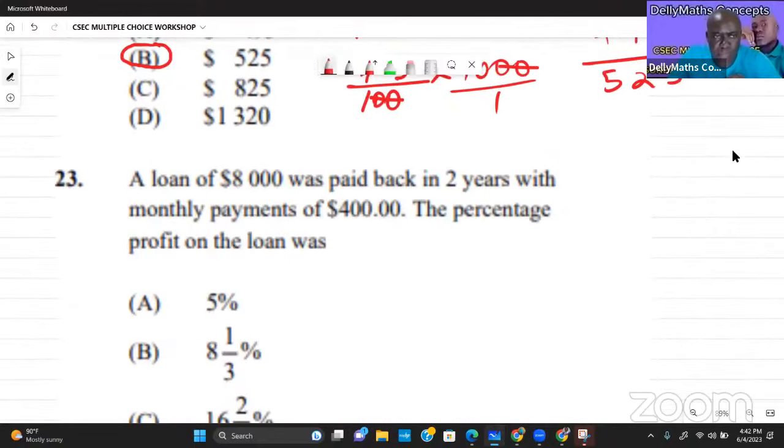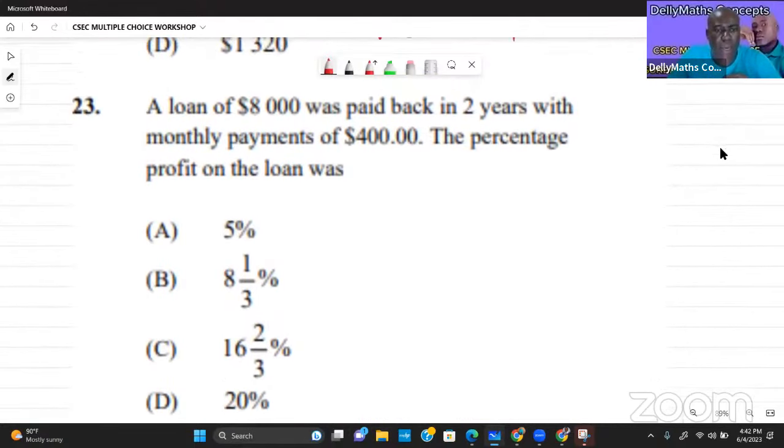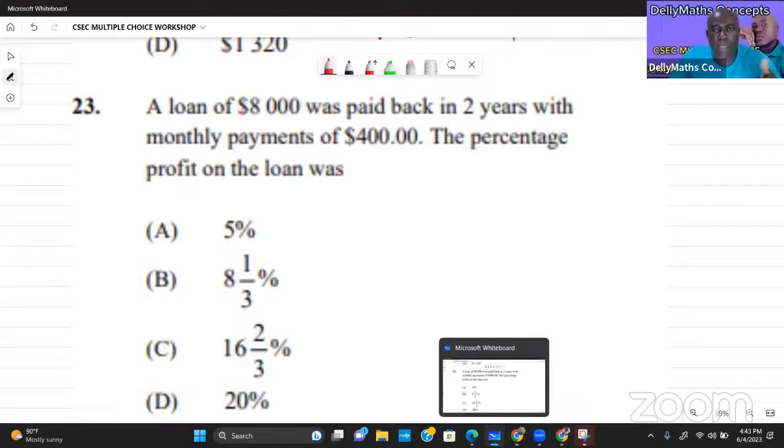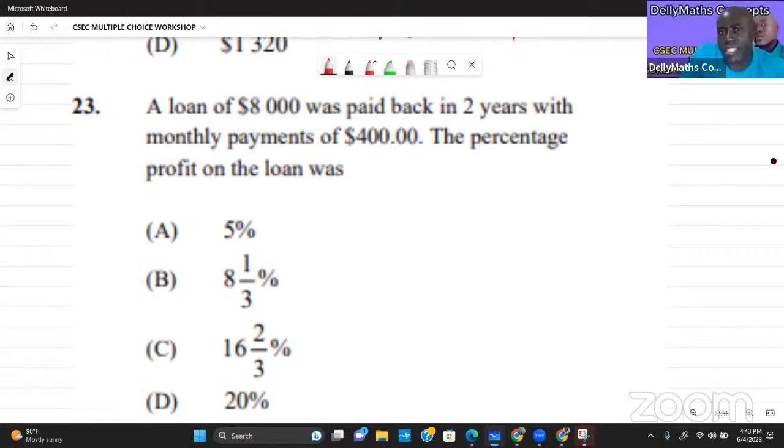23 says a loan of 8,000 was paid back in 2 years with monthly payment of 400. The percentage profit of the loan is what? All right, so before you find that percentage profit, you're gonna need to know how much money was paid back, right?